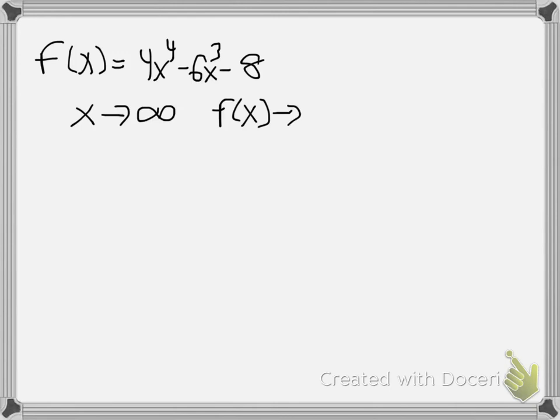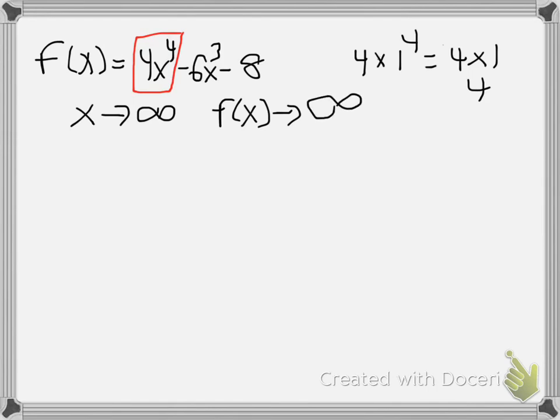How do I figure that out? What's my highest exponent? It's 4, right? So all I do is plug in 1 to that part. So I have 4 times 1 to the 4th power, or 4 times 1, or 4. Now, is 4 positive or negative? It's positive.